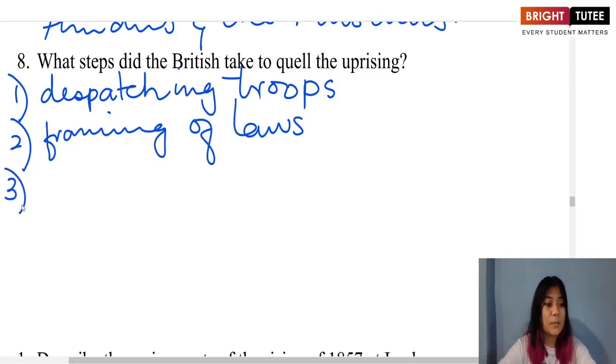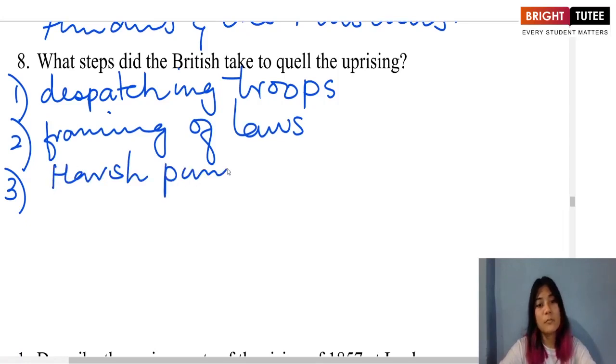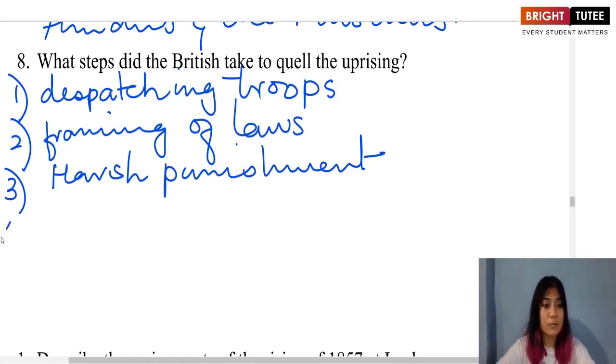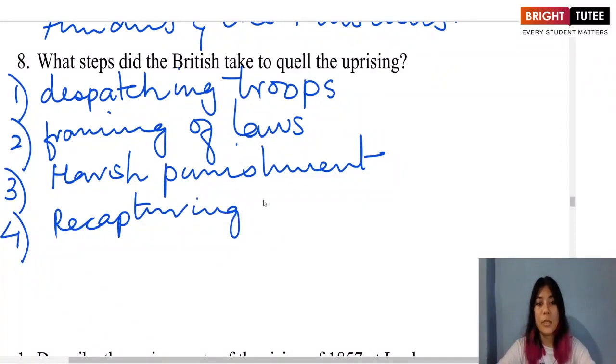Okay. Number three, harsh punishment. Harsh punishment was given to the Indian rebels who were captured during the revolt by the British officials and the British government. Number four, recapturing of Delhi.